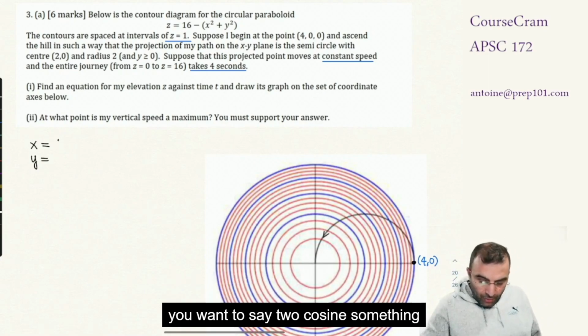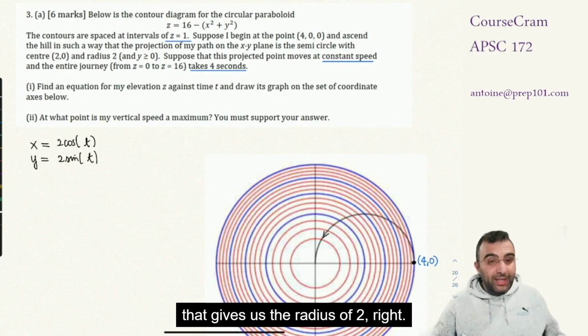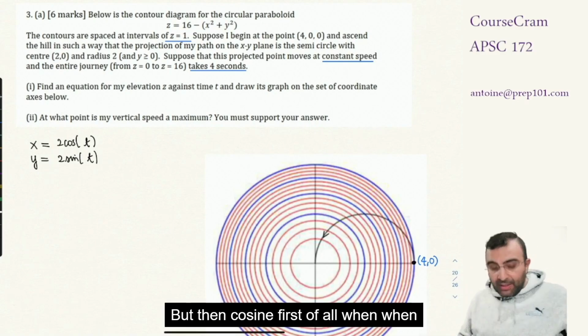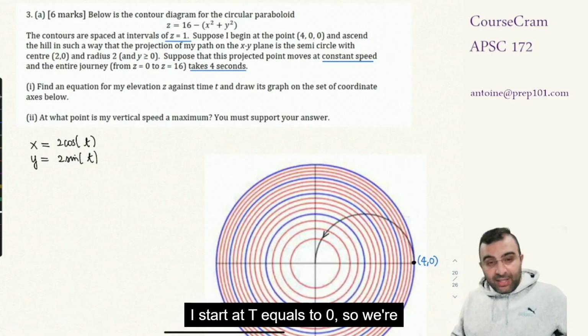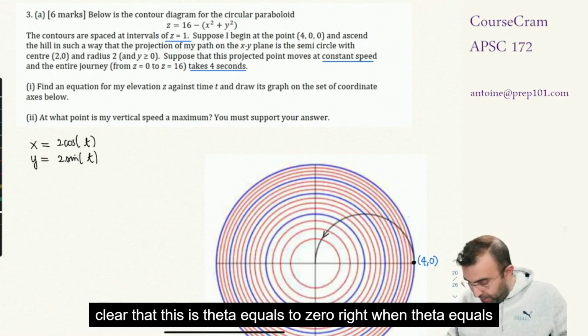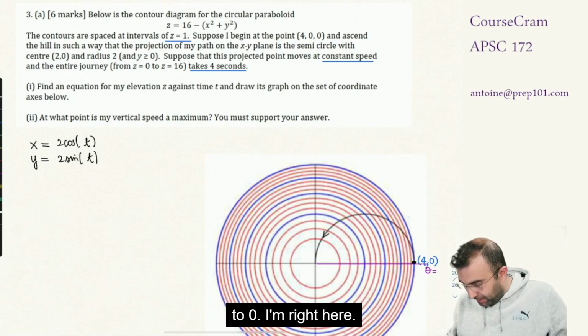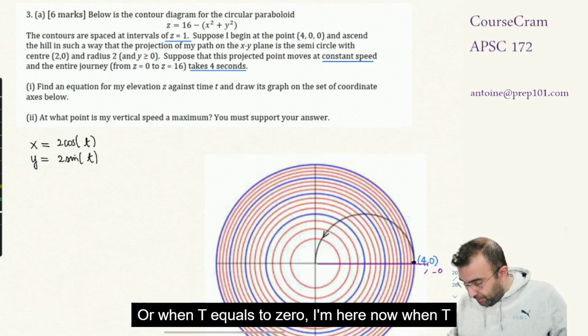So you want 2 cosine of something and 2 sine of something, because that gives us the radius of 2. When I start, t equals 0, theta equals 0, I'm right here.